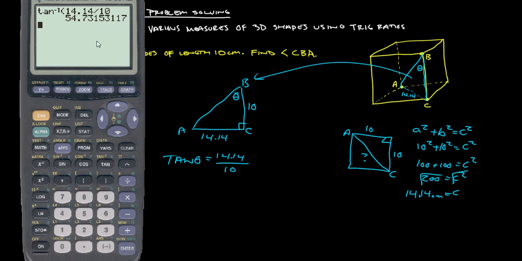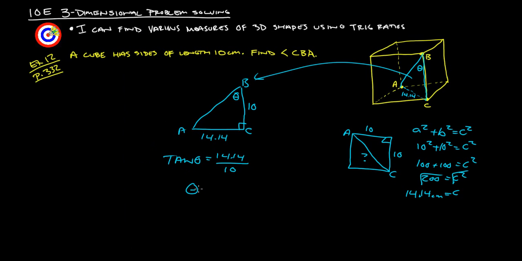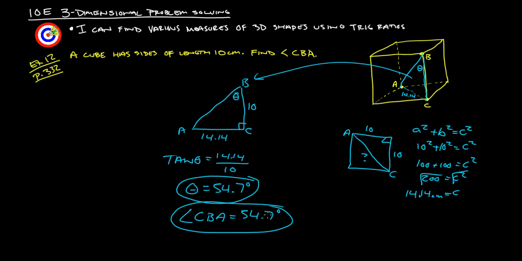Hit equals, and we get 54.7 degrees. So theta equals 54.7 degrees. So angle CBA is 54.7 degrees. Alright, so there's our first example.